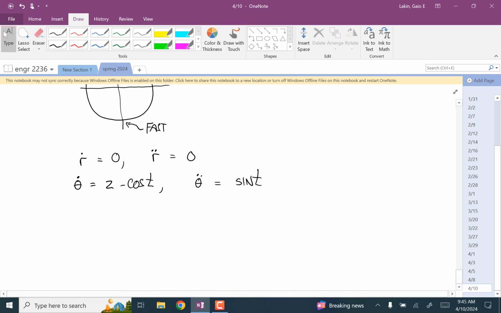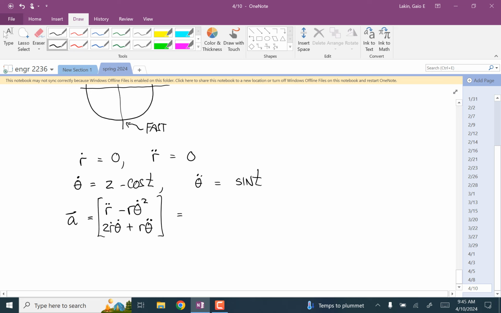And so the formula we have for the acceleration is r double dot minus r theta dot squared, 2 r dot theta dot plus r theta double dot.